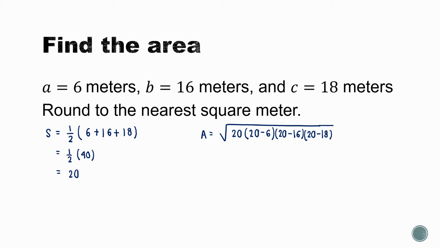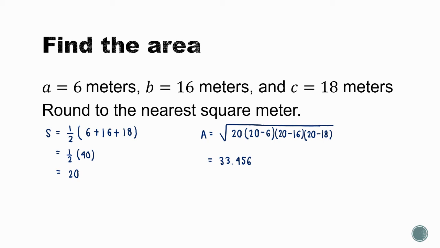Once again, it's all under the radical. So you can then just very carefully put all of that in the calculator. Under the square root, we want 20 times 20 minus 6 times 20 minus 16 times 20 minus 18. When you put that into the calculator, your calculator will get you 33.456 and so on and so forth.